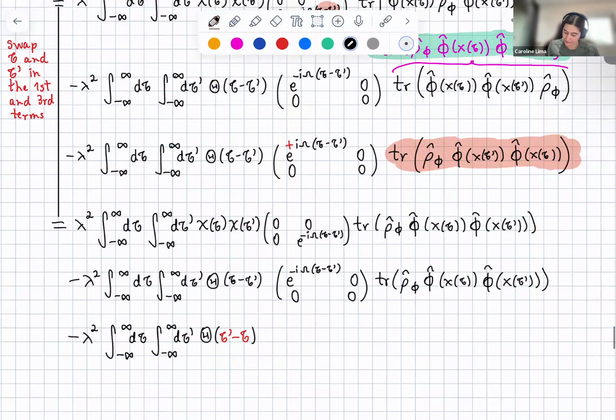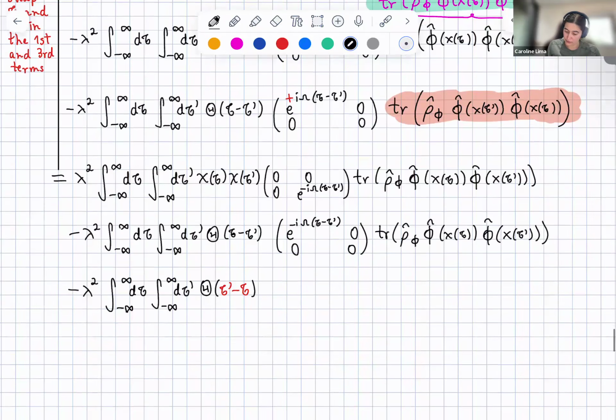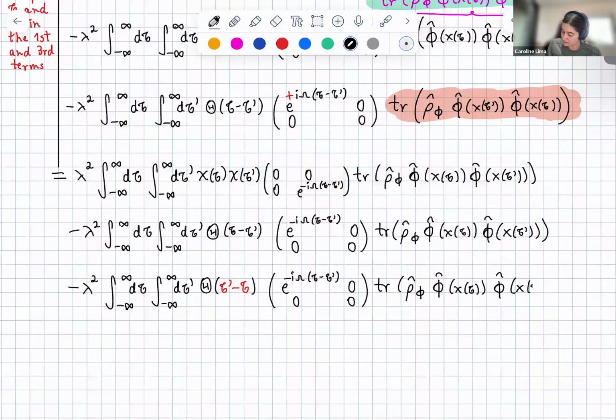And I will also have to swap the sign. So I'll also get e to the minus i omega tau minus tau prime, times the same trace, phi of x of tau, tau prime. Okay.